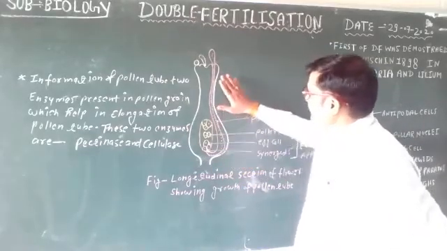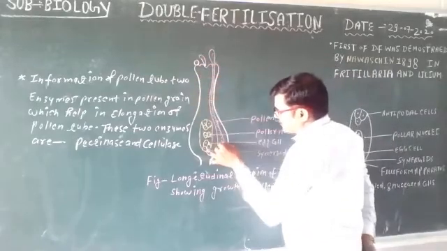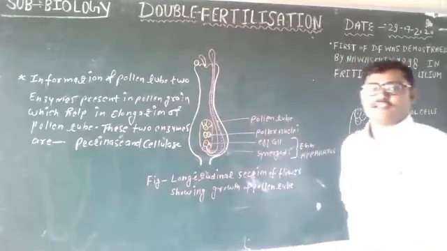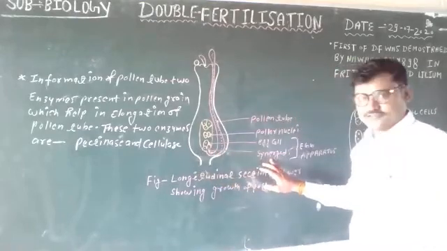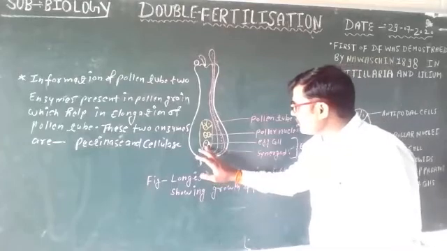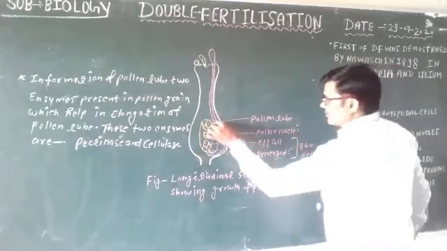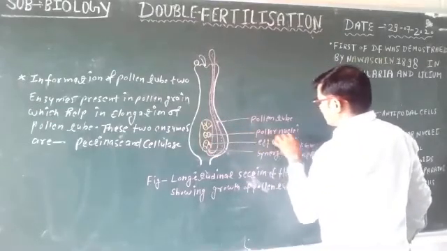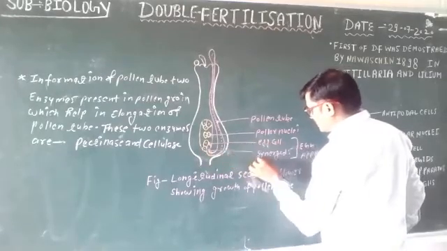After this, when elongation of the pollen tube takes place, then through the micropylar region, the pollen tube enters inside the synergid. After the synergid, it will enter inside the embryo sac. This is the pollen tube, this is the polar nuclei, this is one egg cell, and this is the synergid.